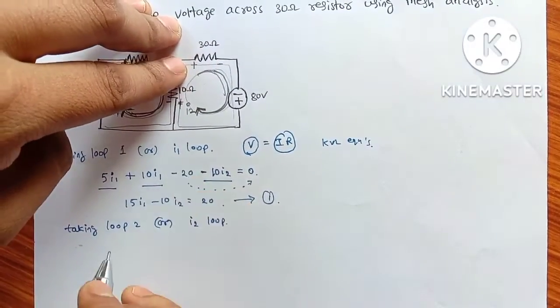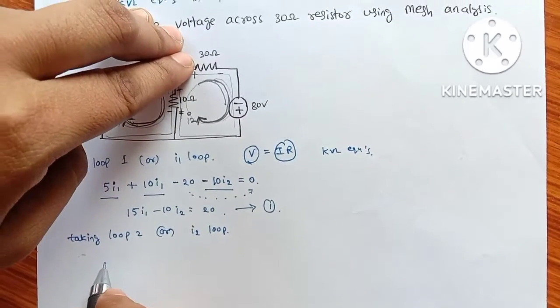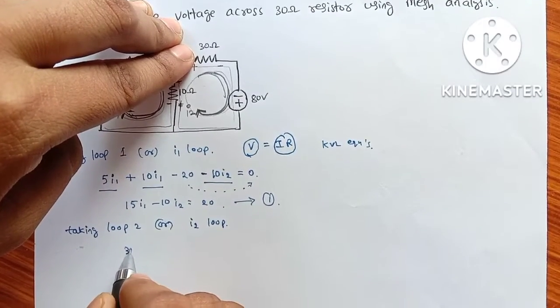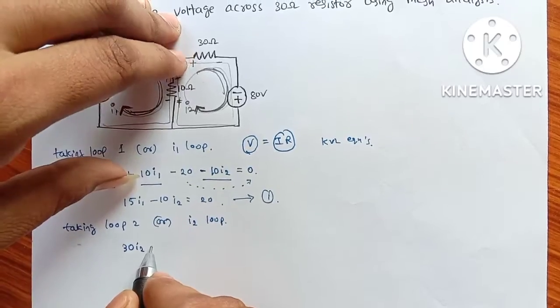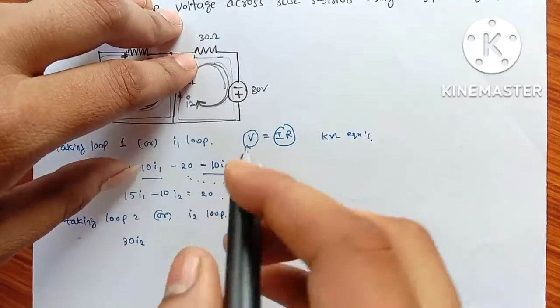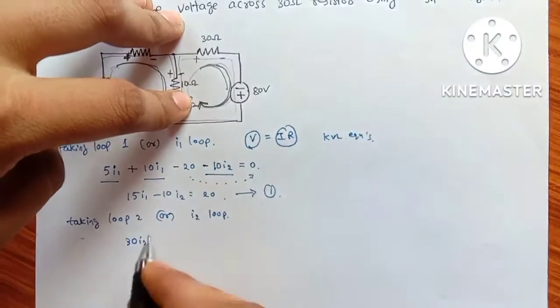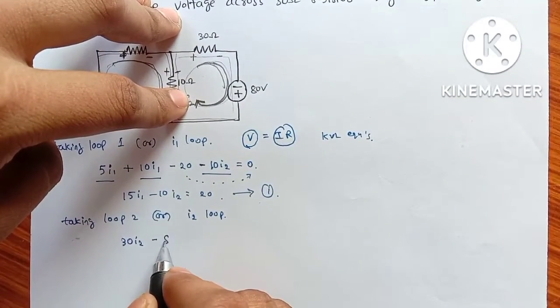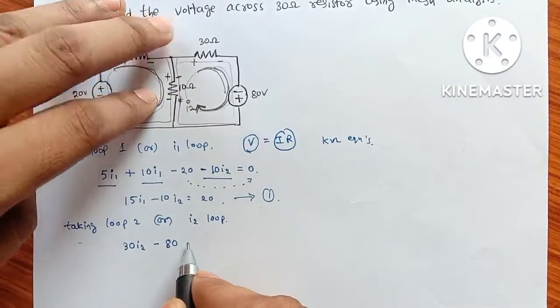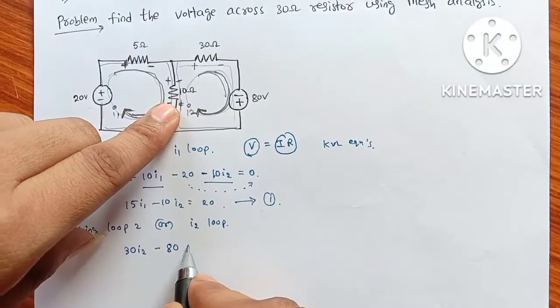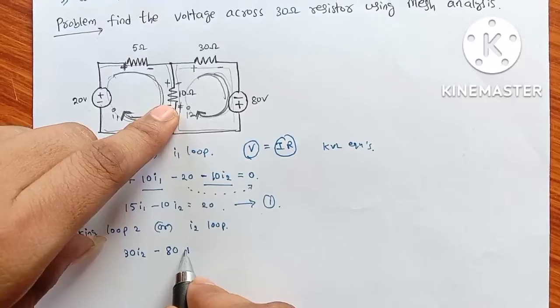So first touching the positive terminal of the 30 ohms resistor, so 30 into I2. Here I2 is again touching the negative terminal first, so negative 80. Again here touching the positive terminal first.